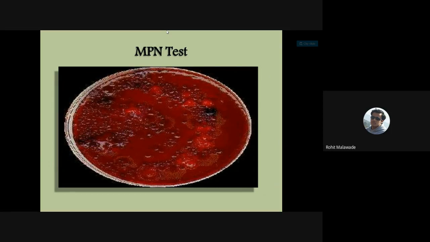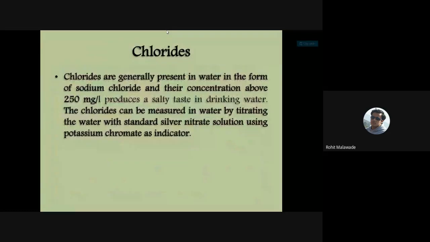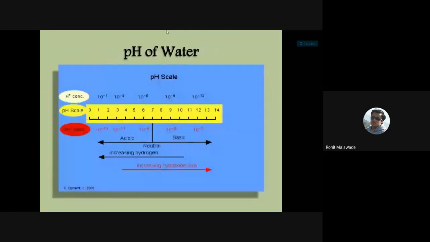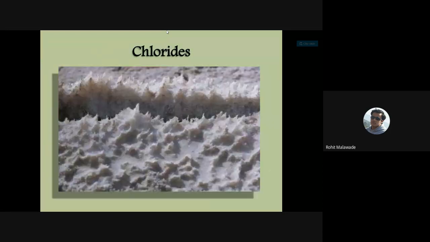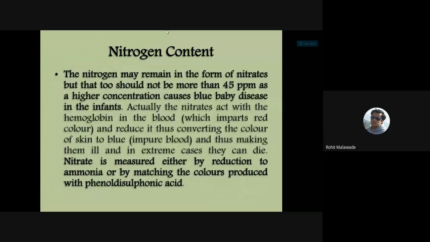In addition to these chemical characteristics, such as chloride content, nitrogen content, pH, and dissolved solids, we also have biochemical oxygen demand and dissolved oxygen.